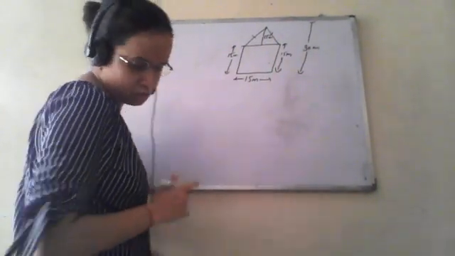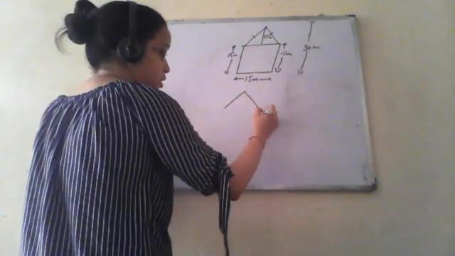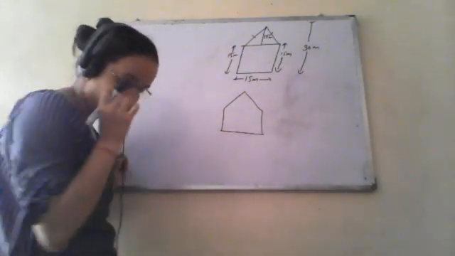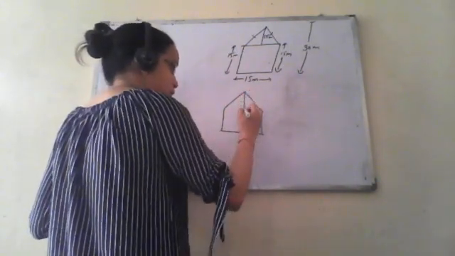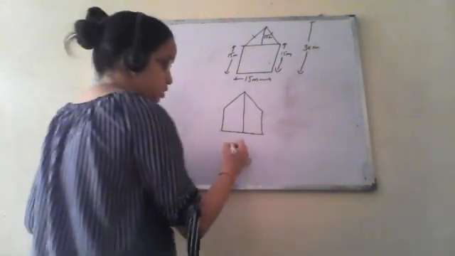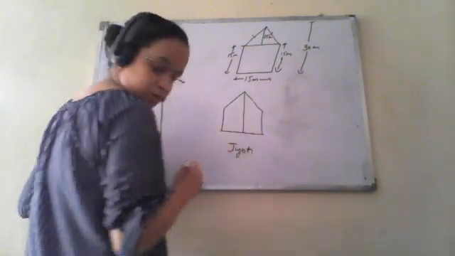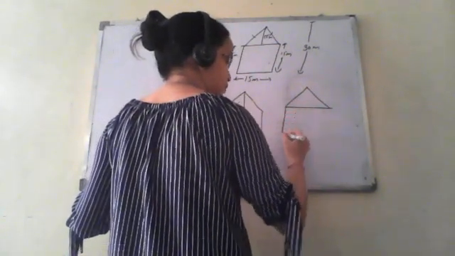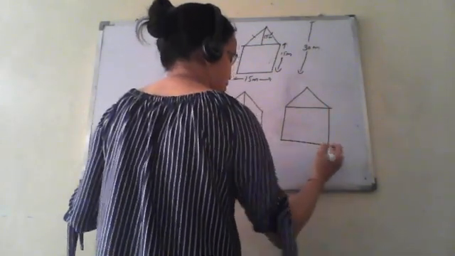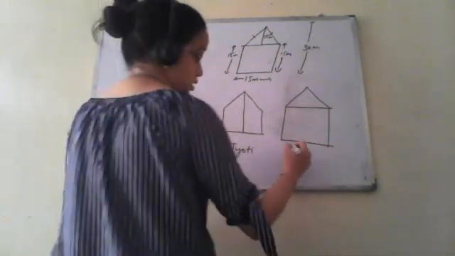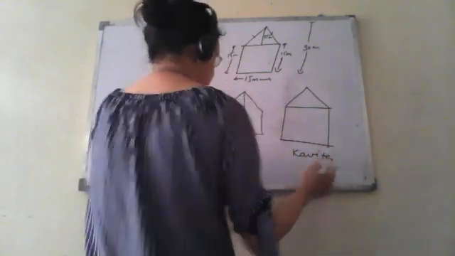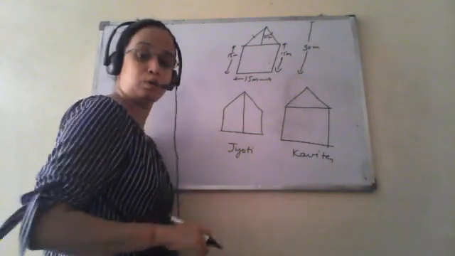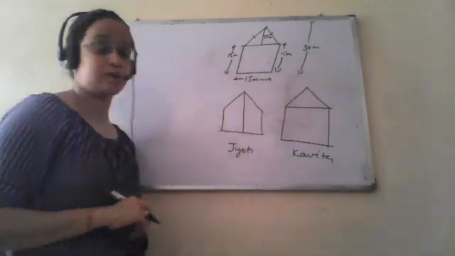Now how has Jyoti drawn it? This is Jyoti's way. And Kavita has done it like this. Jyoti has calculated the area of this pentagon by dividing it into two equal trapeziums.